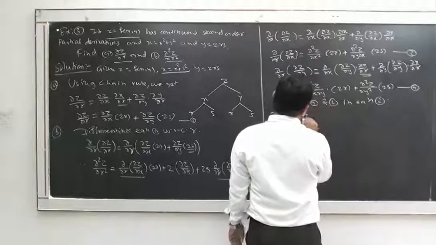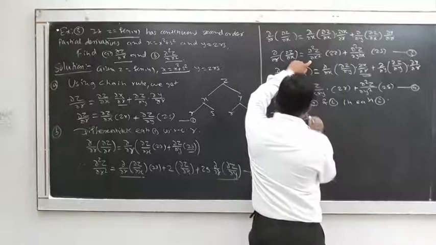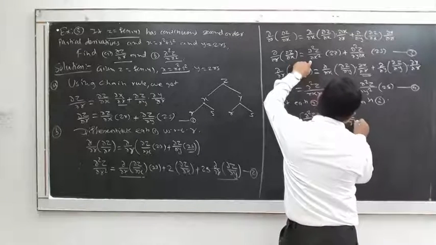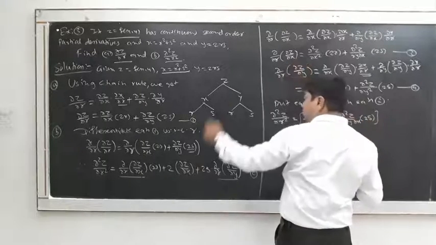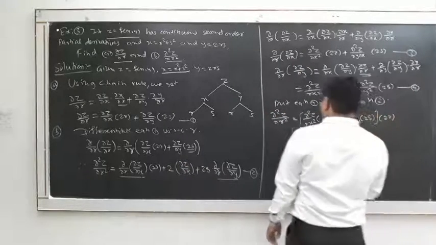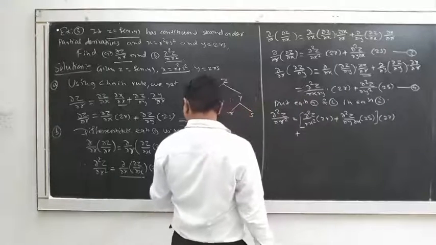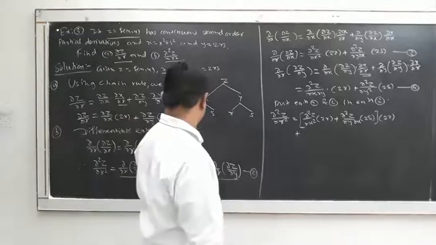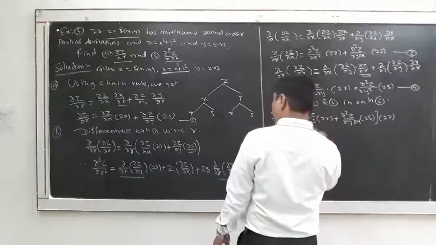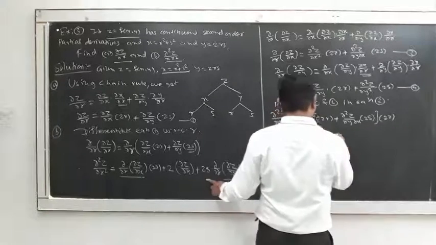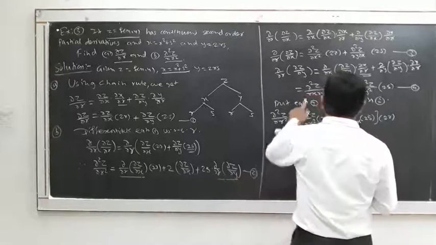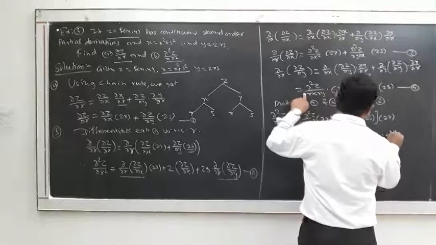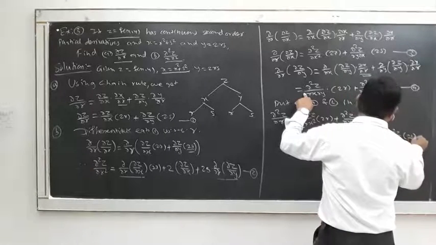The value of this is ∂²z/∂x² 2R plus ∂²z/∂y∂x 2S, into 2R, plus 2 into ∂z/∂x, plus 2S into the value of this, which is equation 4: ∂²z/∂x∂y 2R plus ∂²z/∂y² 2S.